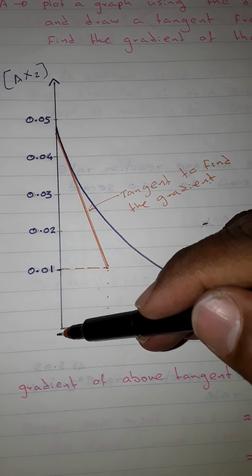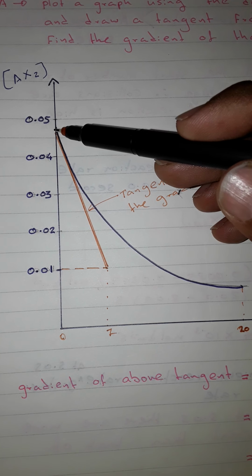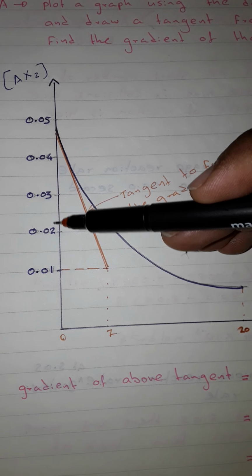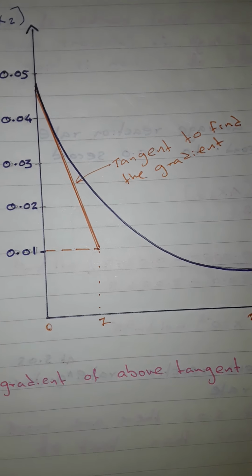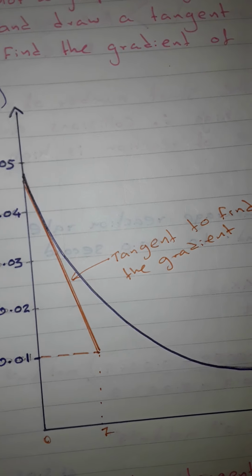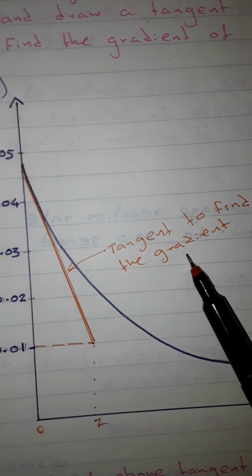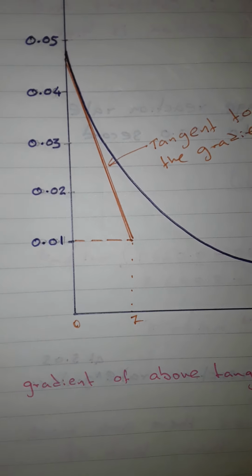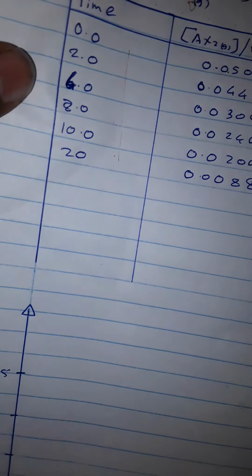This is the 0th time, so we draw the tangent at this place, the brown one. If you find the gradient of this tangent, you get the initial rate of reaction. That is the way to find the initial rate of reaction.